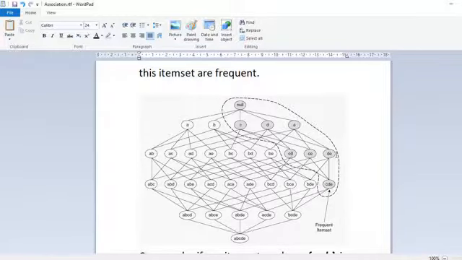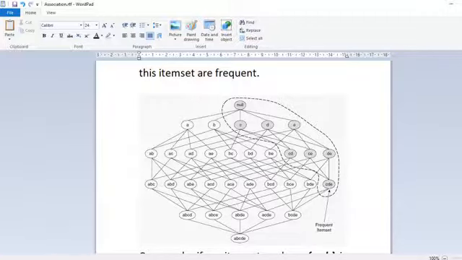You need not go and explore individually whether they are frequent or not. The moment you say that CDE is frequent, obviously these subsets, that is D, E, C, E, D, C, D, and CDE, are all frequent.